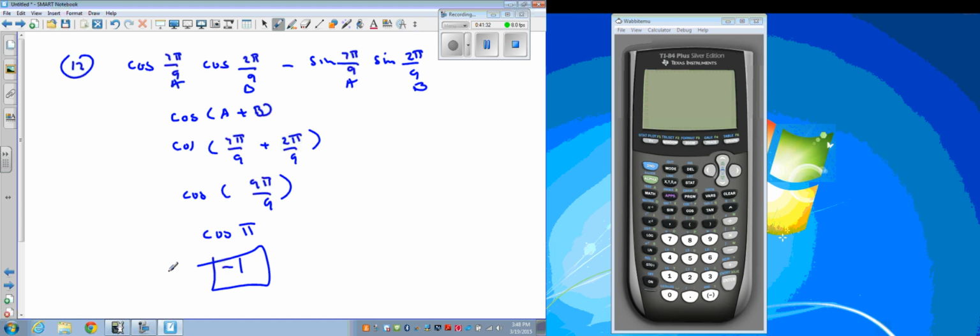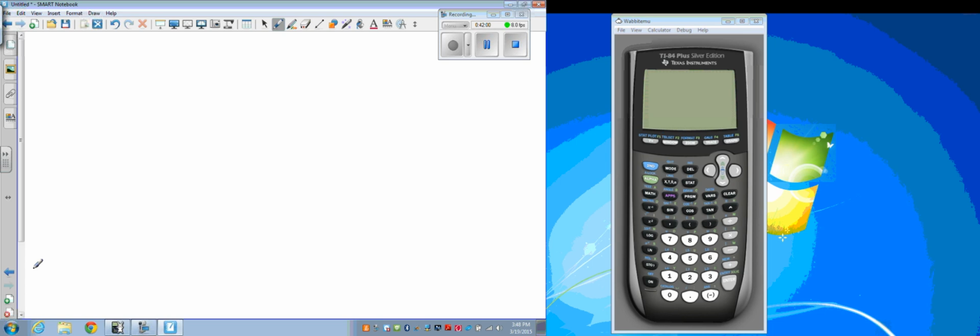You're going to be using those cofunction identities, 90 minus the angle, complementary. It says write each function value in terms of its cofunction of a complementary angle. It's not asking you to solve it, it's asking you to write it as that, right?